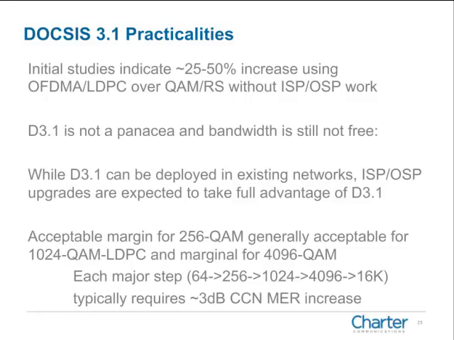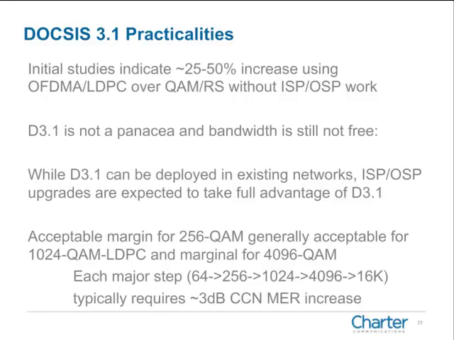And depending on where we're at, DOCSIS 3.1 isn't necessarily going to be a panacea. It will buy us a fair bit of bandwidth, given that we're expecting somewhere in the order of about 50% consolidated growth rate of demand. So we're looking at DOCSIS 3.1 giving us somewhere between 6 months to 18 months, depending on which growth markets we're looking at for bandwidth, before we need to start doing some type of plant augmentation through modification.